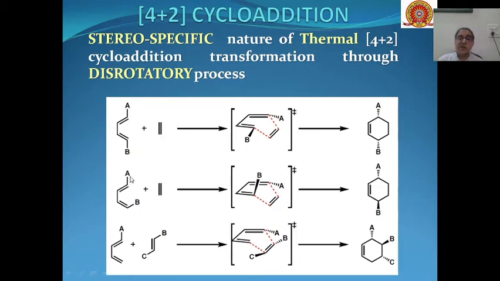Here this is the outside substituent, this is the inside substituent. Here the hydrogen will be the outside substituent. So this B will become beta and A will become alpha. Similarly, in this case, this is inside, this is outside. So likewise you will get alpha and beta configuration.